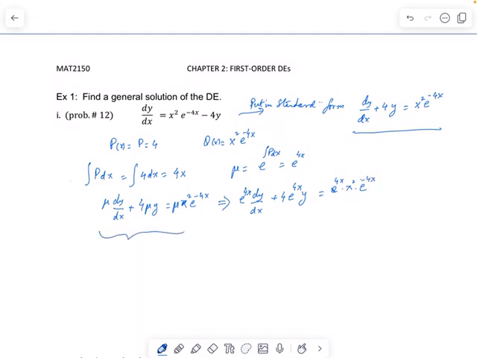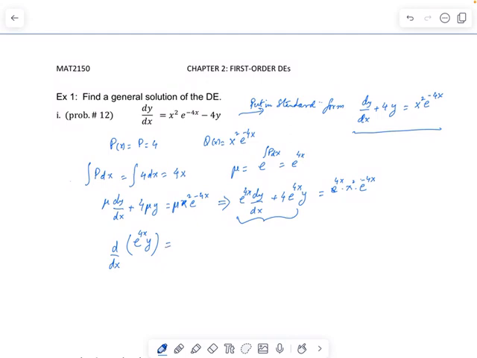Now look at this left side here. What is this? If you have a function e to the 4x times y and you want to differentiate that, what do you get?